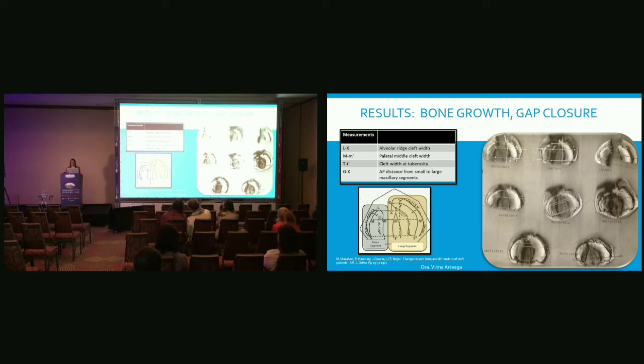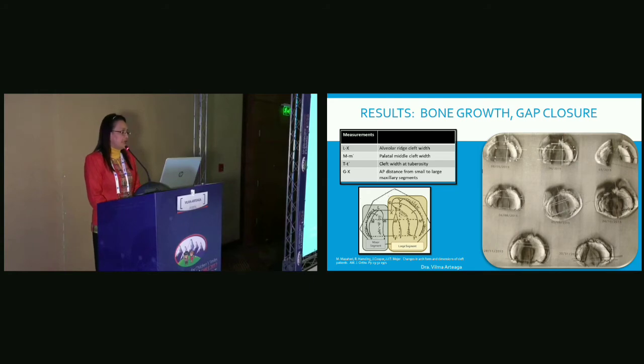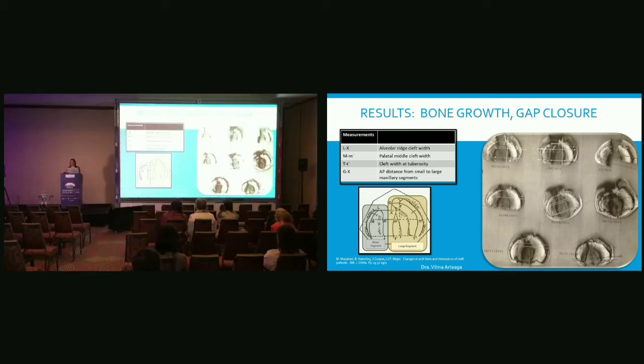With little mm is the palatal middle cleft width. The TT is the cleft width at the tuberosity, and the GX is the anterior-posterior distance between the large segment and the small segment. So we take a photocopy each month of the casts, and we do all these measures to see how our treatment is improving the case.